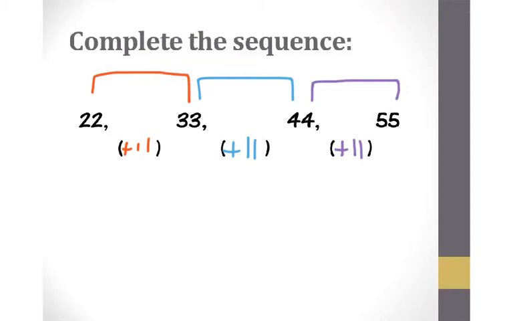So the next number in the sequence will be 66. And again, you might recognize these numbers from your 11 times table. If you're skip counting in your 11s, 22, 33, 44, 55, 66, 77, 88 and so on.